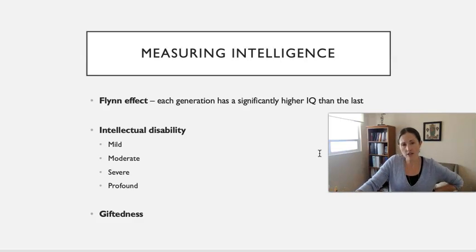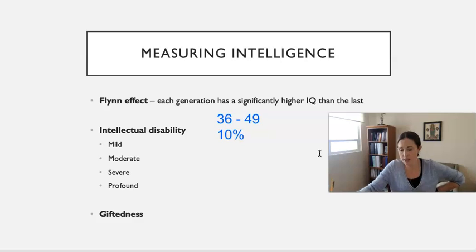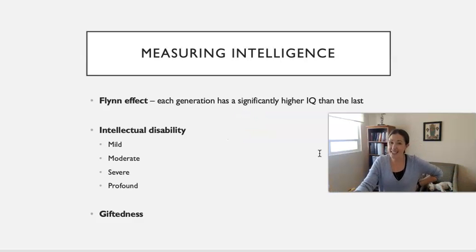If you have moderate intellectual disability, your IQ is between 36 and 49. This is about 10% of people with intellectual disability. You have basic reading and writing, but it's 1st, 2nd grade level. You can take care of yourself, but you're going to need some oversight. So you're not going to be able to live fully independently.